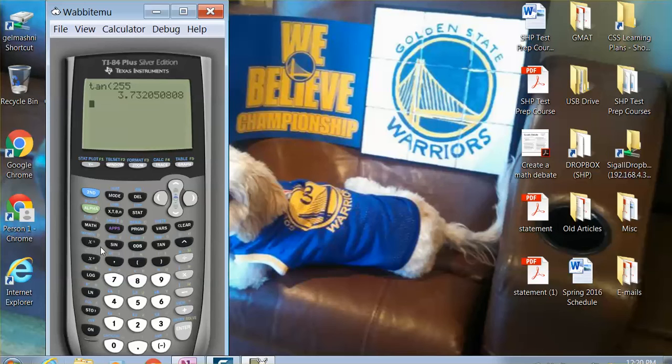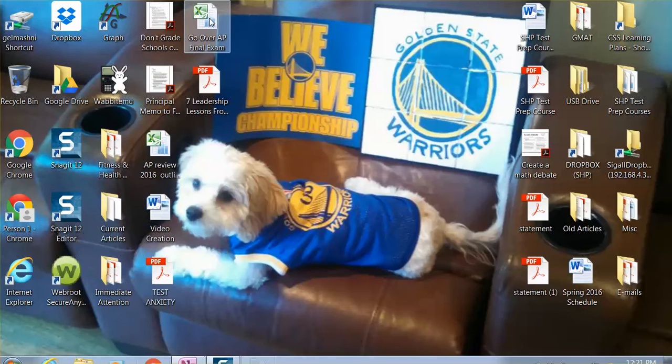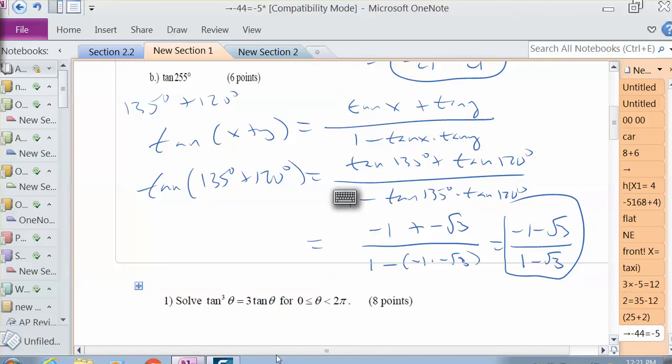And then negative 1 minus root 3, and of course we've got to divide that by 1 minus root 3. Okay, that's acting a little weird. There we go. Notice that I'm explaining and talking about this, but I'm still doing it pretty quickly. So the hope is that you guys can do this quickly as well.